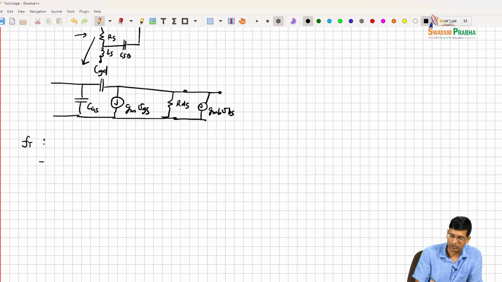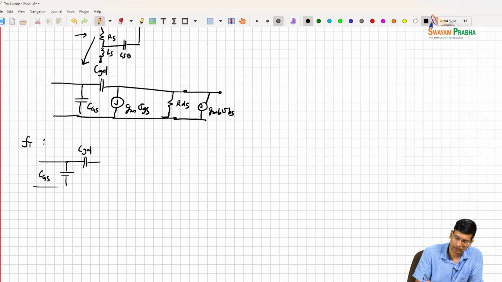Traditionally, when we do FT with just CGS and CGD, and we have gm VGS, what we do is put a short here, and we are trying to find out this is IO, and this is IN.